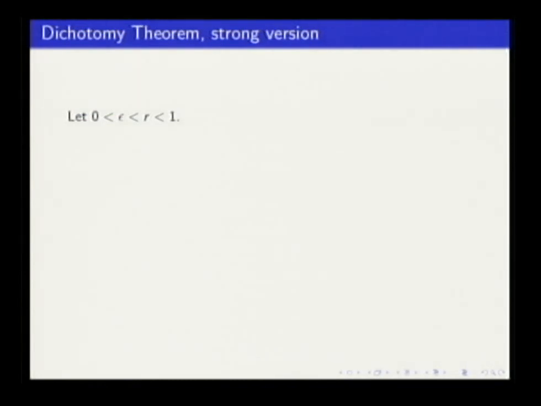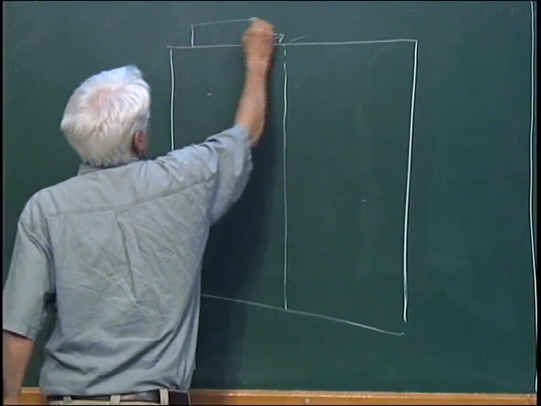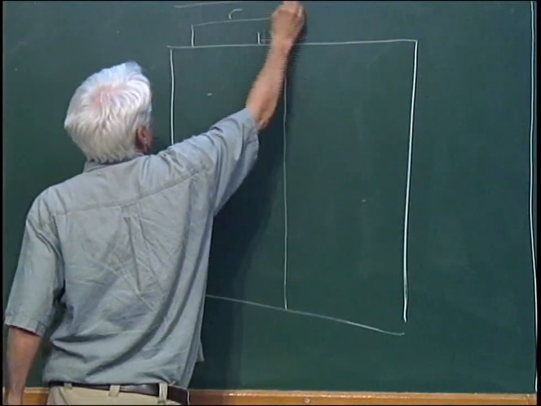But let me restate it in maybe a more striking way. So now let me draw the cross section of it. I take a very small radius epsilon, and then another radius which is very nearly equal to 1.